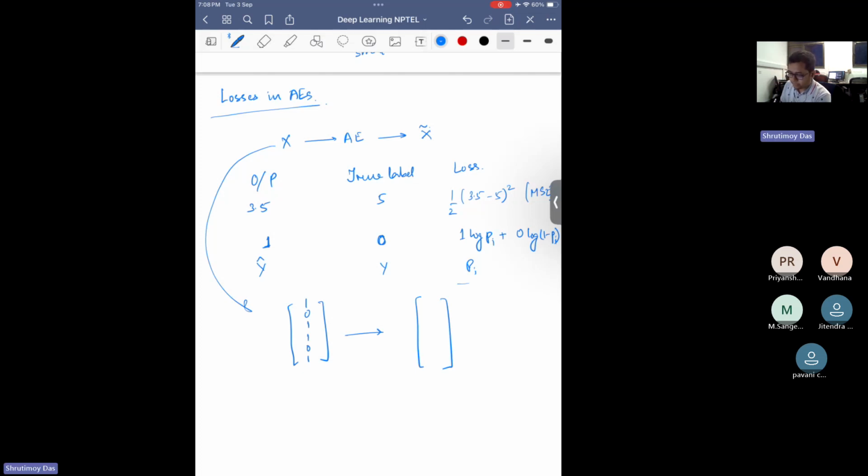If my input is of this form, ideally my x tilde should also look something like this, 1 0 1 1 0 1.